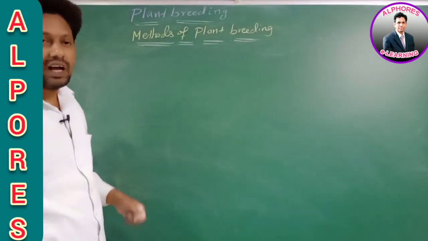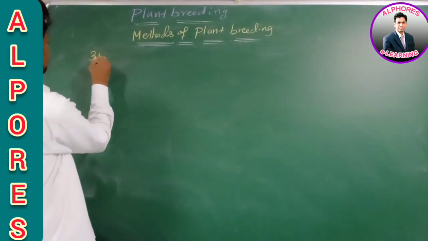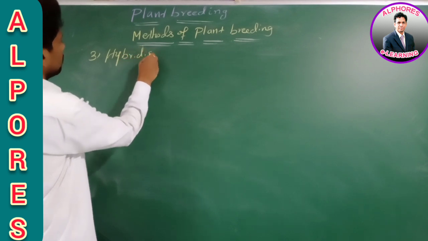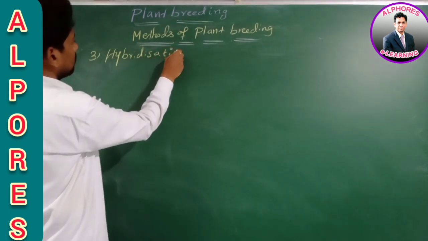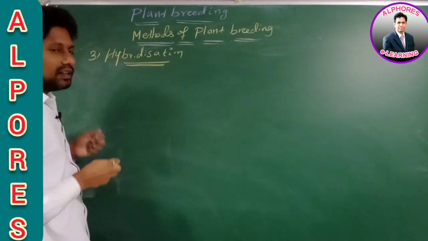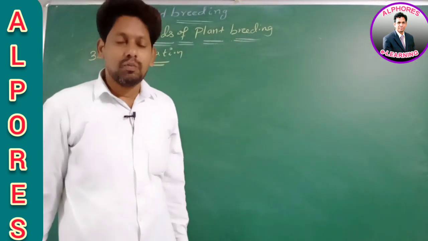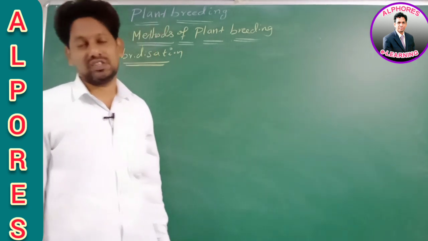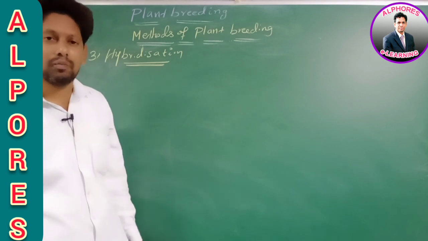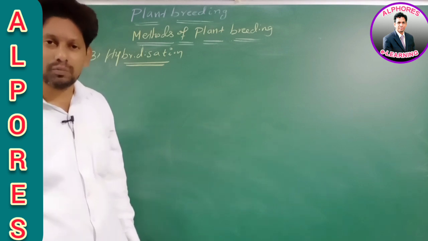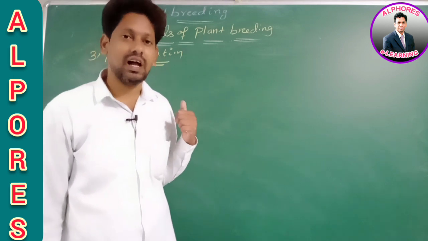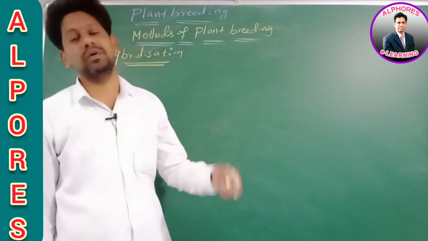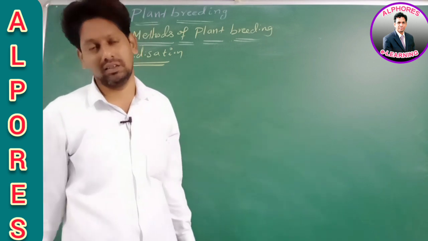Number 3, hybridization. We already discussed this. Producing a new plant by crossing two genetically different parent plants is called hybridization, and the produced plant is called a hybrid. Hybrid shows hybrid vigor.